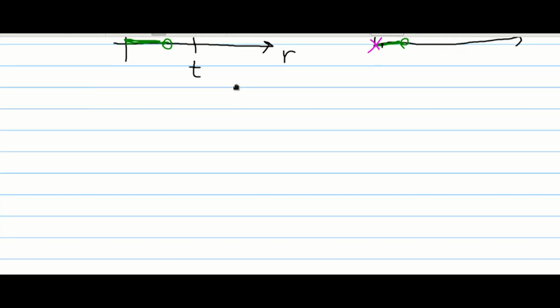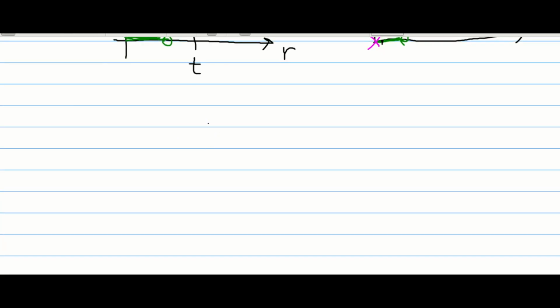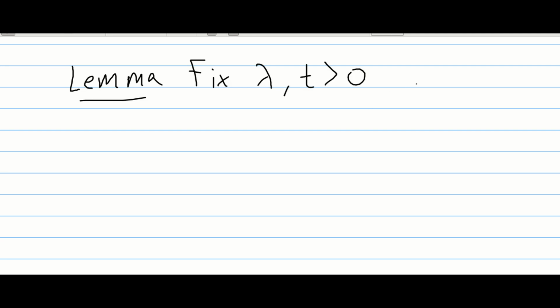Okay, now that we have explained what theta does, we can state a lemma that uses theta in its definition, and it's going to be very important for us. It's going to be a main property of the Poisson process. So now we fix lambda, which will be the rate of the Poisson process, and some time t.